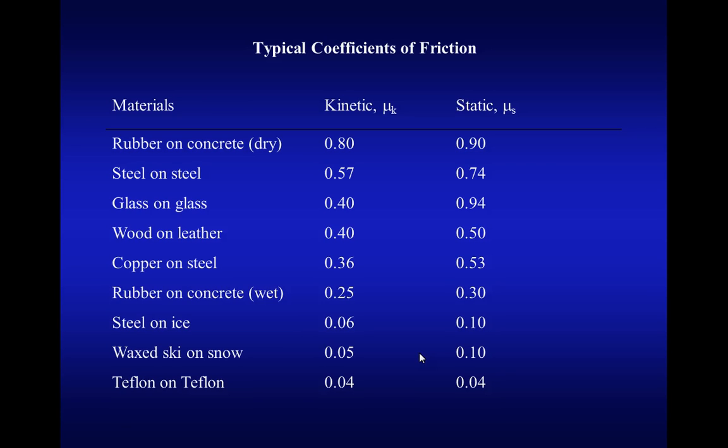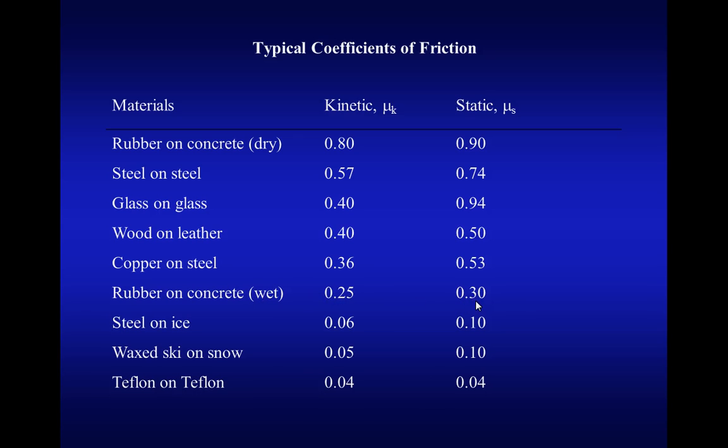So typical coefficients of friction. Rubber on concrete, when it's nice and dry out, would be a case where the coefficient of kinetic friction is 0.8 and the coefficient of static friction is 0.9. Whereas rubber on wet concrete drops down considerably.